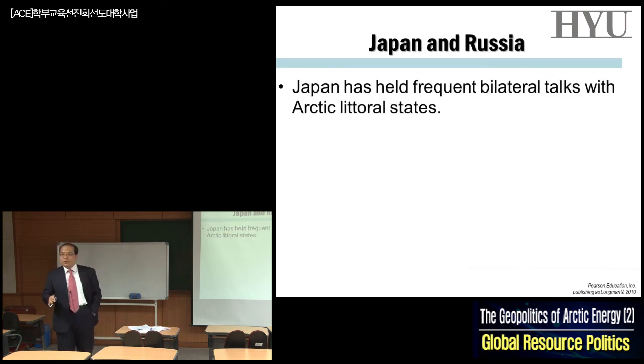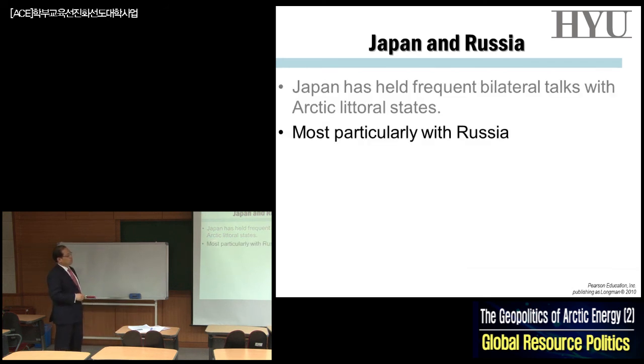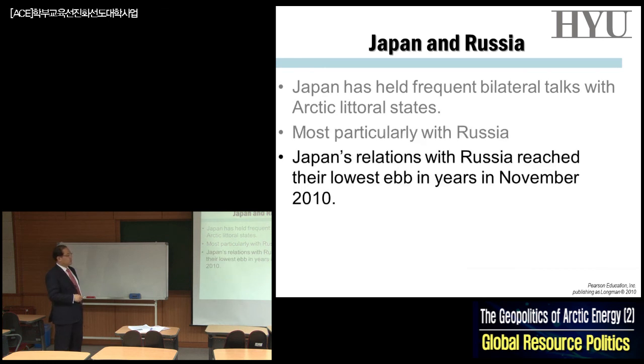In Arctic diplomacy, Japan's focus is on Russia. There are very interesting dynamics between Japan and Russia. In 2010, their relationship hit the bottom due to the territory issue.